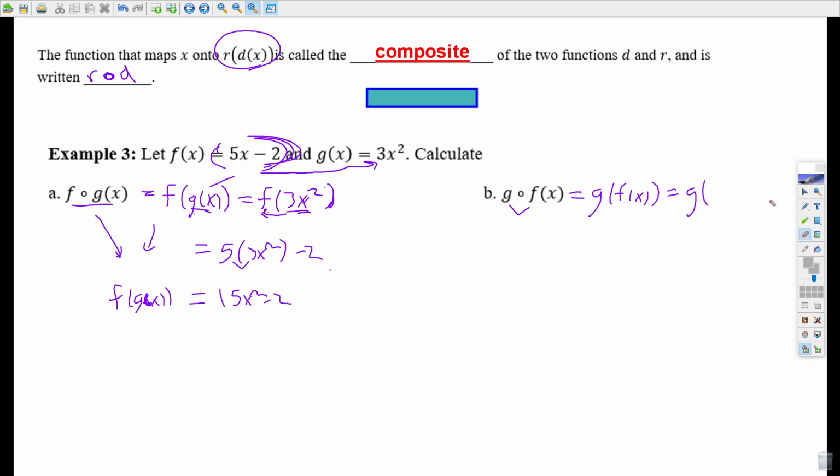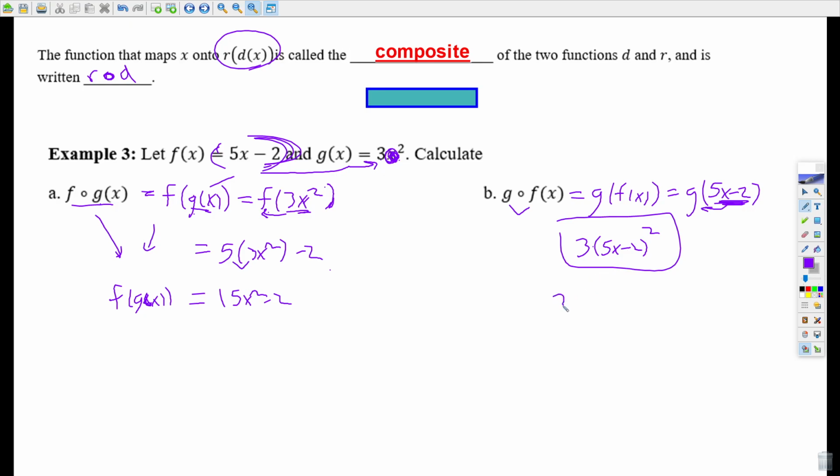So it's G of 5x minus 2. Then we plug everything here into the G function for x. So that gets plugged in right here. Take that x out. We have 3 times this whole thing, 5x minus 2 squared. And that would be your answer.